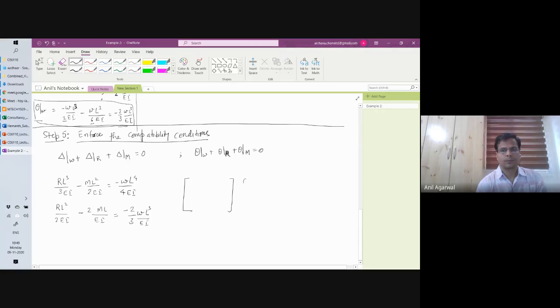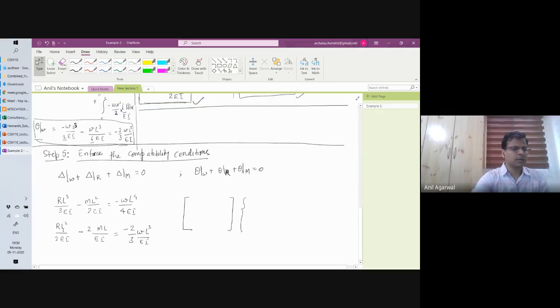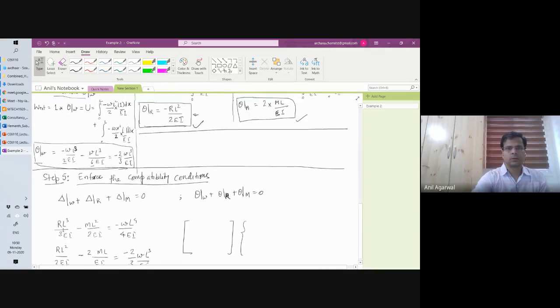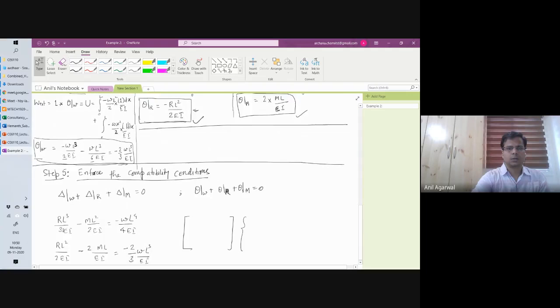Sir, minus. Did I miss something? R L square minus 2, minus R square. I believe I am correct here. Which one, the second equation you have a problem with? Yes, sir, it should be minus R L square, you think? Yeah. Theta, right?